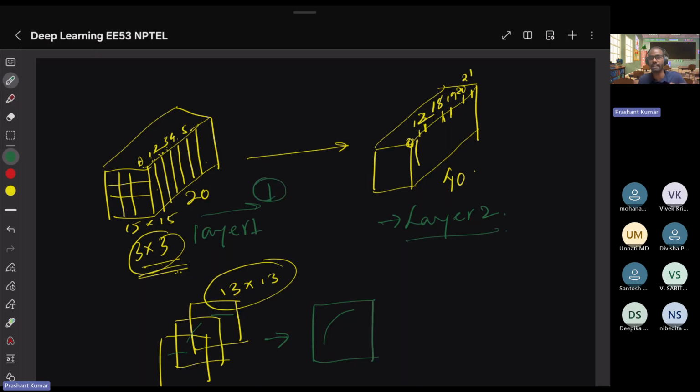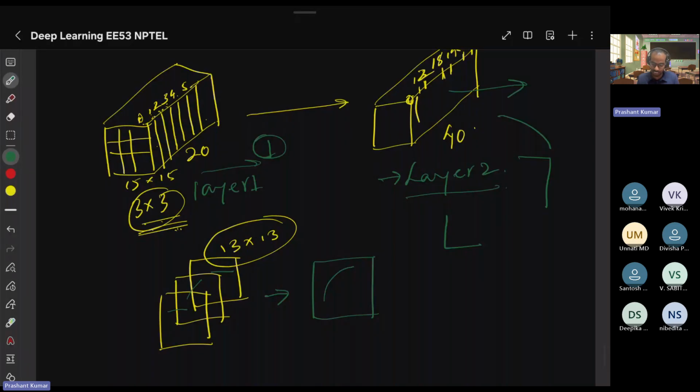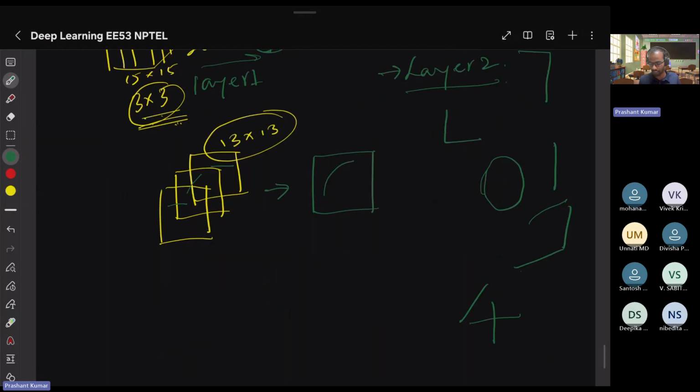The second layer is trying to create a better feature than edge, like a combination of edges that is creating something like this or something like this. And if you go deeper and do the same thing, you might be able to create something like this, something like this, right?